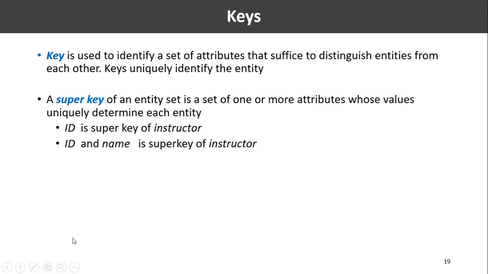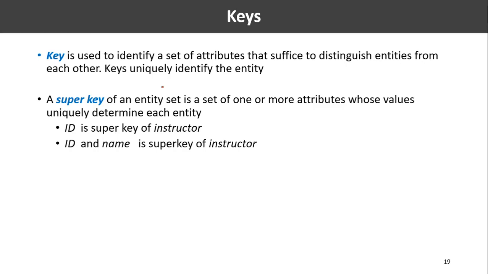So we have understood the meaning of a key. So what is a key? A key is a unique identifier for the entity. I'll repeat, a key is the unique identifier for the entity.